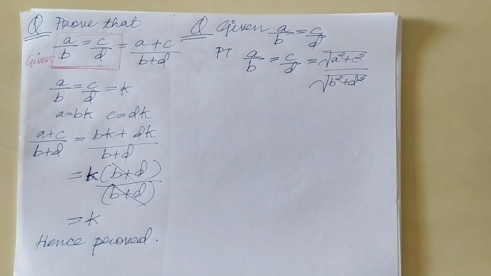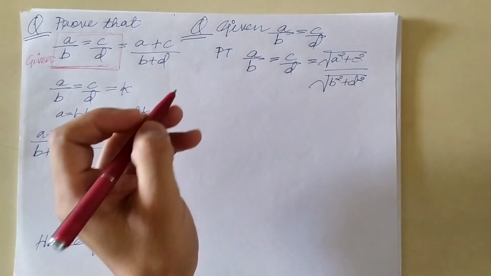I suggest you pause the video for about 2 minutes and try to solve this question. Don't take more than 2 minutes. And after solving, come back to the solution.